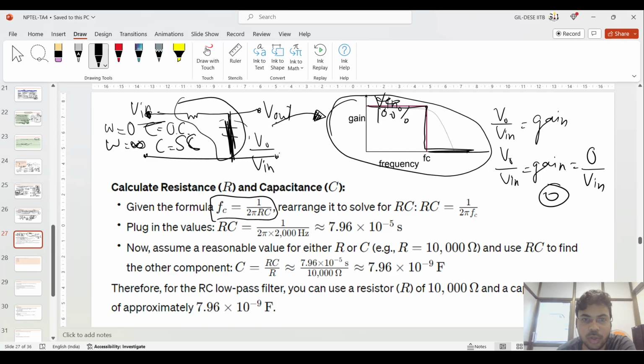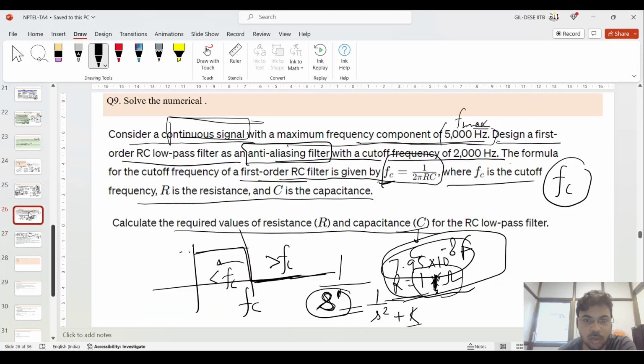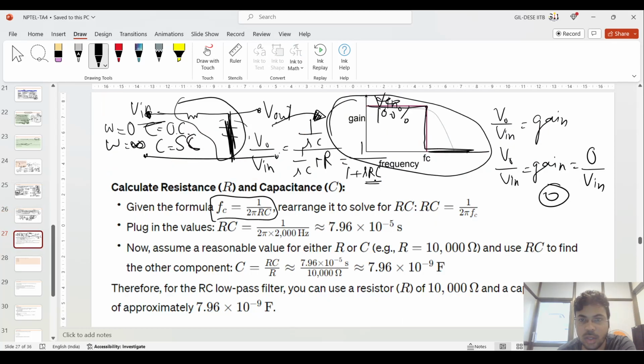So this is the basic functionality of this RC filter. You can calculate the V output by V input ratio. How will you calculate this? V output by V input is equal to 1 upon sC divided by 1 upon sC plus R. It will come out to be 1 upon 1 plus sRC. Taking this from the slide itself, compare 1 upon 1 plus j omega RC: compare the real and imaginary part magnitudes, omega RC is equal to 1.